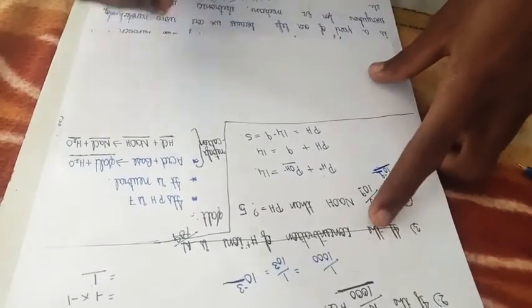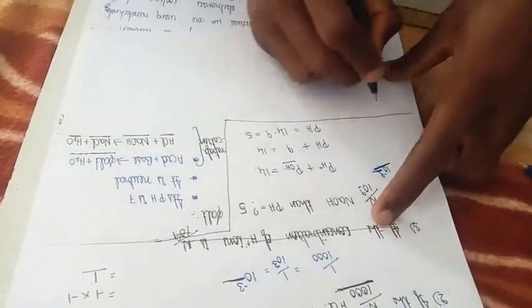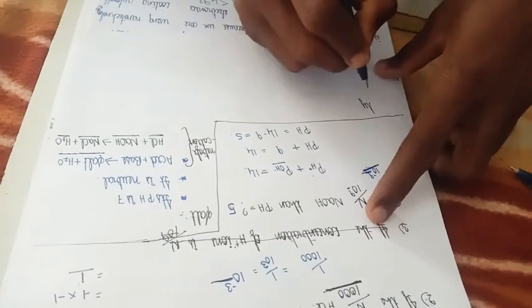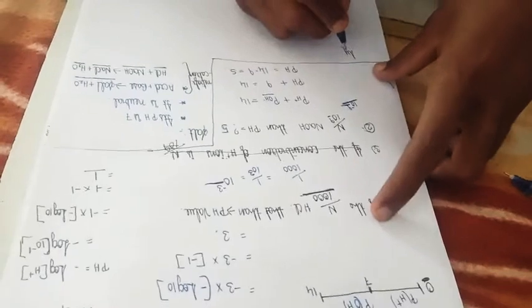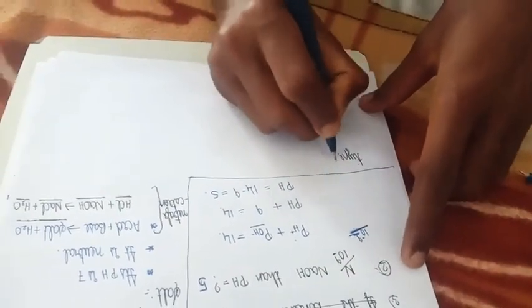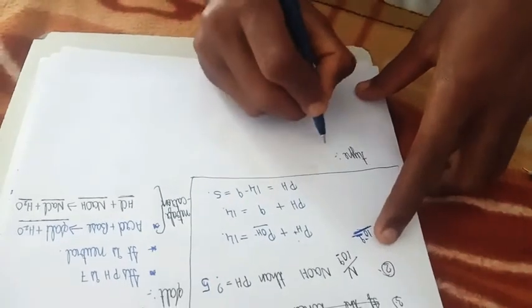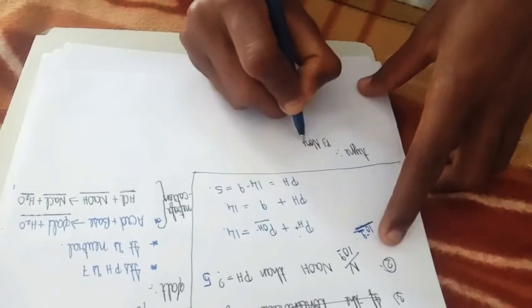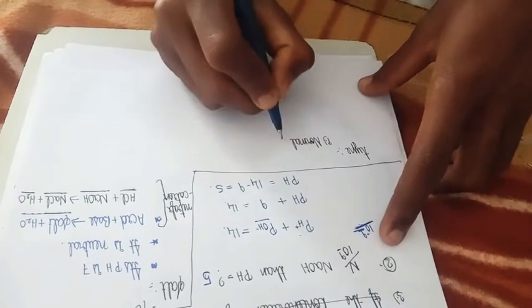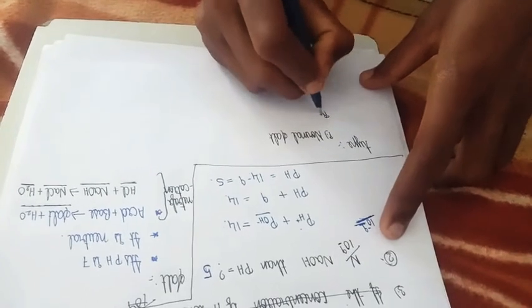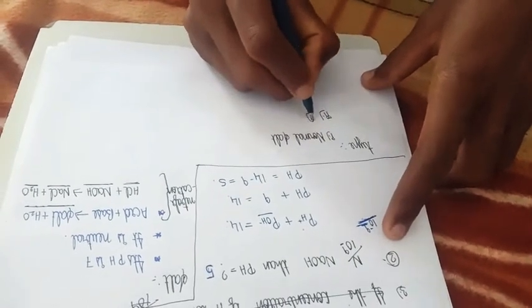How many types of salt? There are many types of salt, but basically we need to study 3 types. First one is normal salt. Second one is double salt.